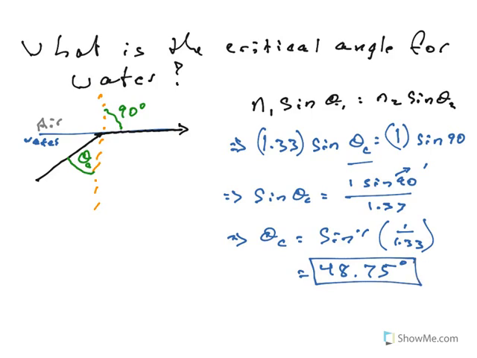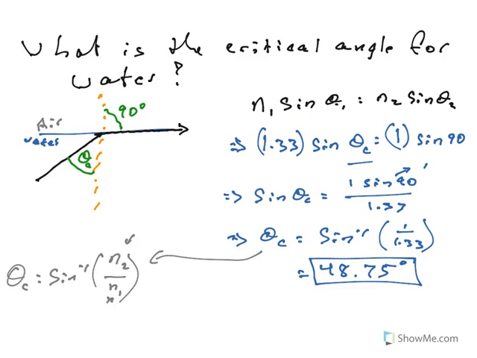Now, when I said before, textbooks and stuff will show you a different equation. What they'll show you is this equation. As a shortcut, theta c is inverse sine of n2 over n1. So if you look, air was our n2, that's 1. Water is our n1, that's 1.33. That's how we got our answer.